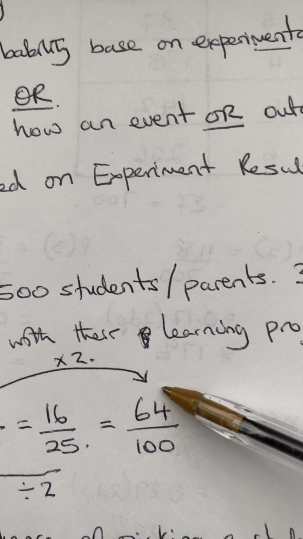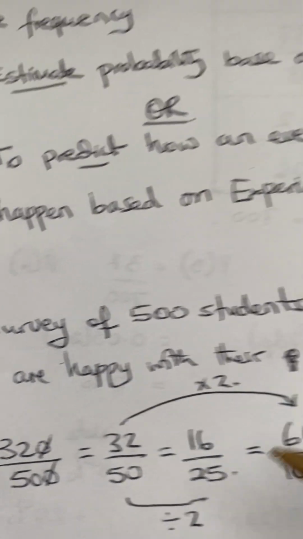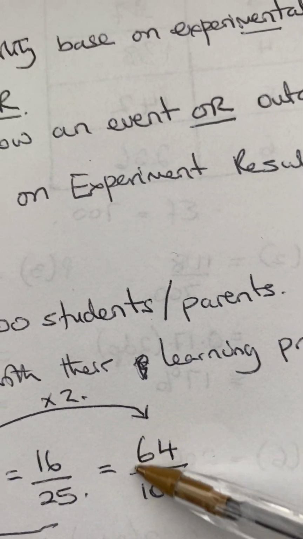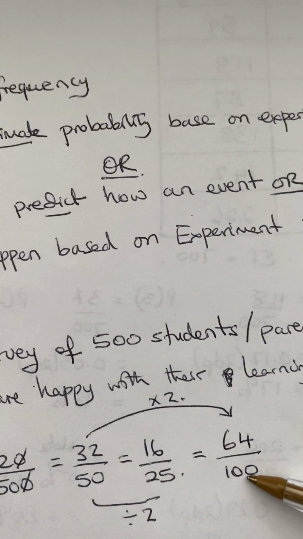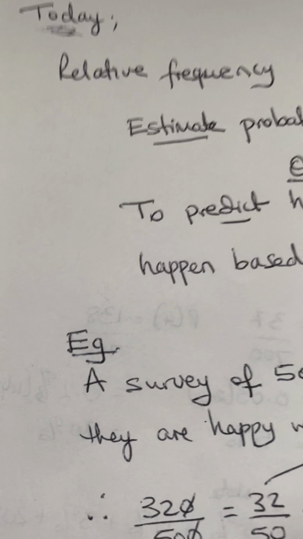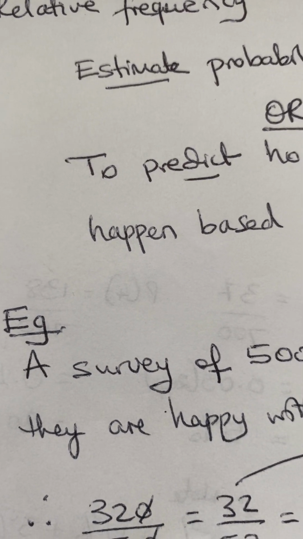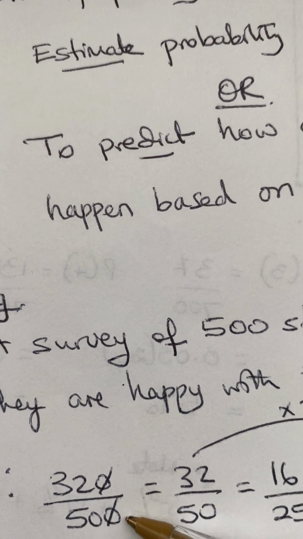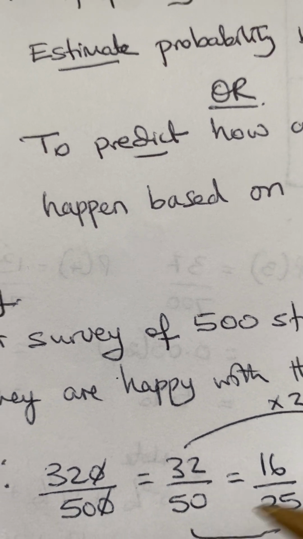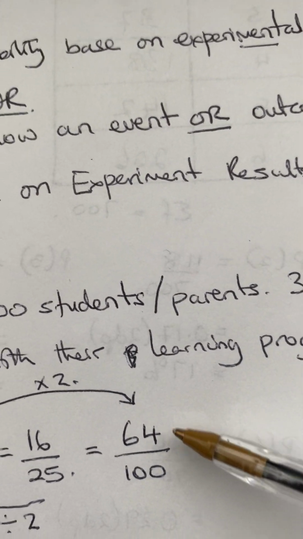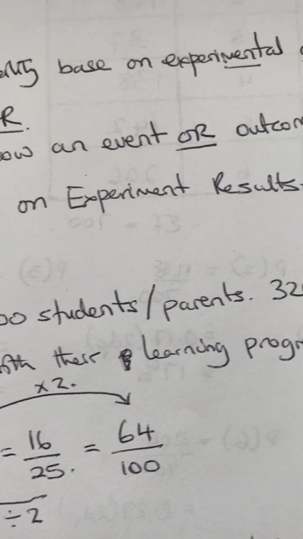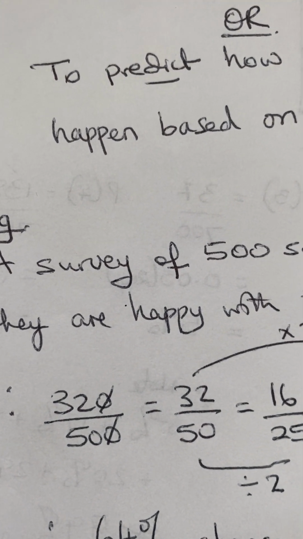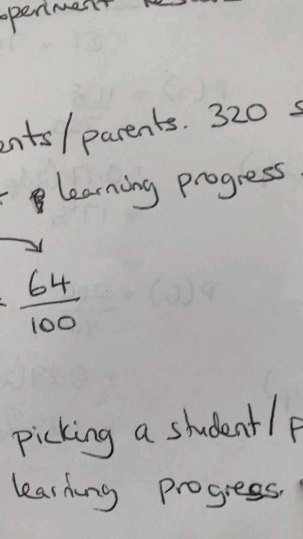Anything over 100 is a percentage. Or you can do 320 over 500 times 100. Now this 64% is the chance of picking a student or a parent happy with their learning progress.